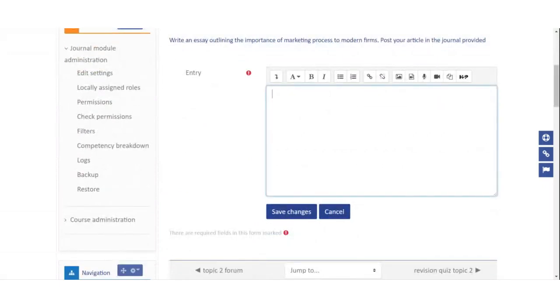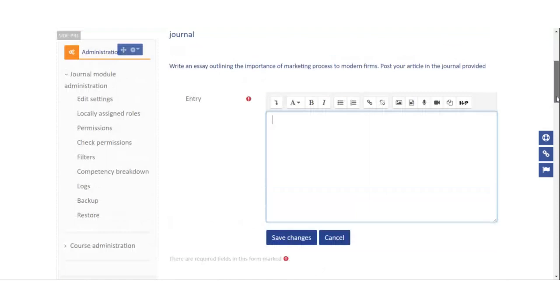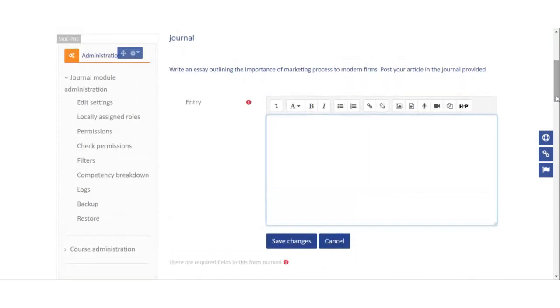Then I'll come and check on it. That's what you ought to do with the journal. Journals are written in prose form, not in point form. Just like you do prose in a newspaper, okay?